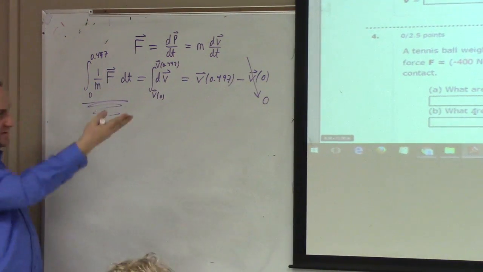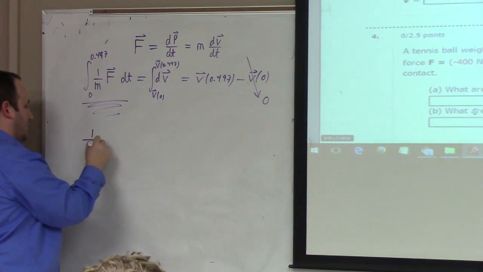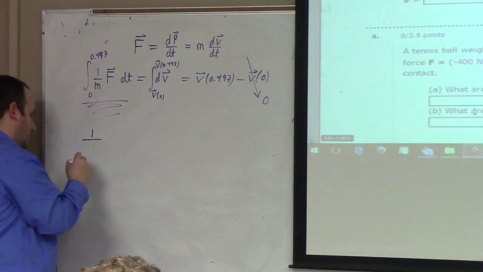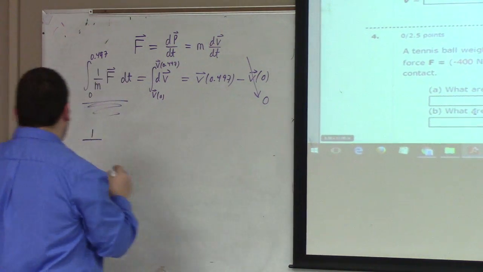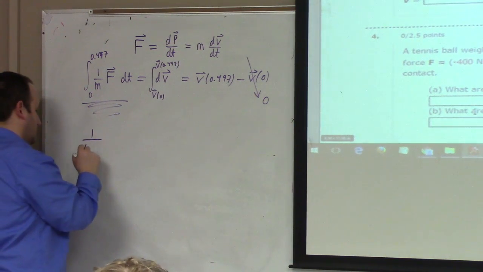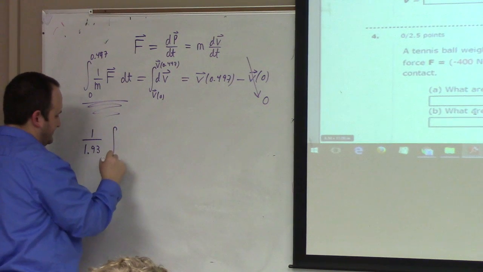So all you have to do is integrate that force. You have to integrate 1 over the mass, 1.93. Be careful, are the constants all given in kilograms, meters, and seconds?